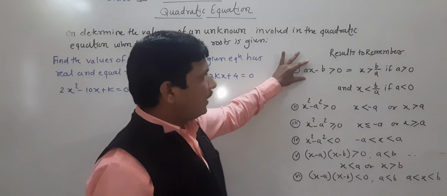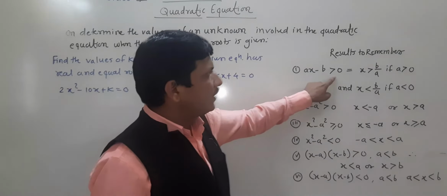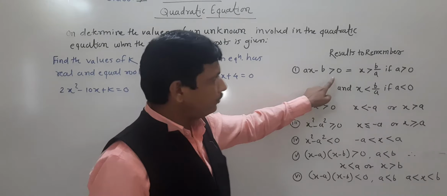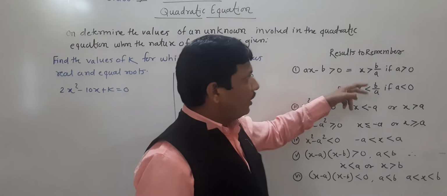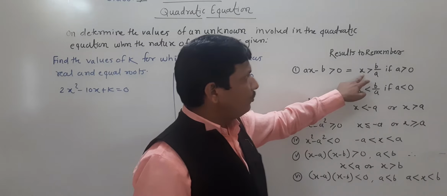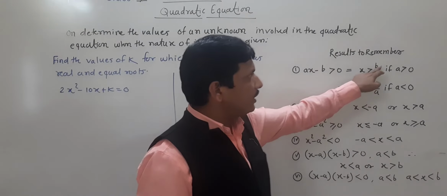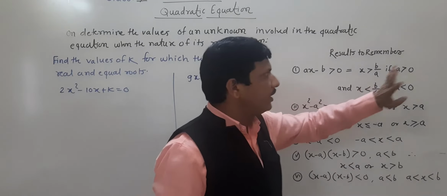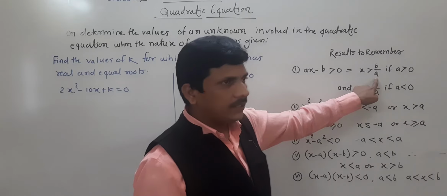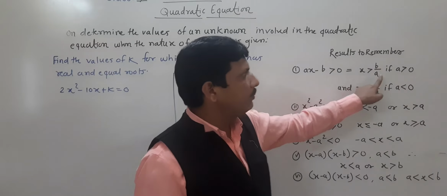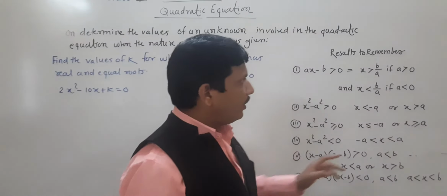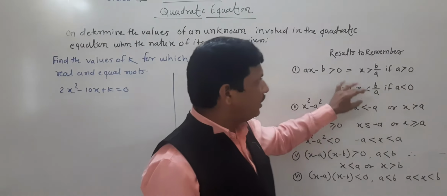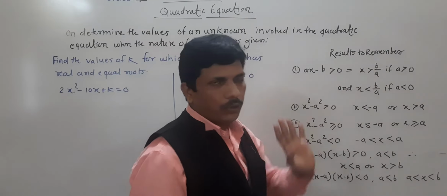What is given? See, ax minus b is greater than 0. Inequalities. When it is greater than 0, x is greater than b upon a if a is greater than 0. And if a is smaller than 0, then x will be smaller than b upon a.